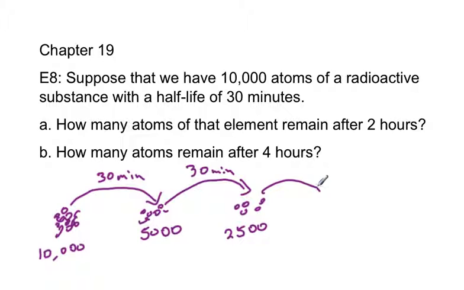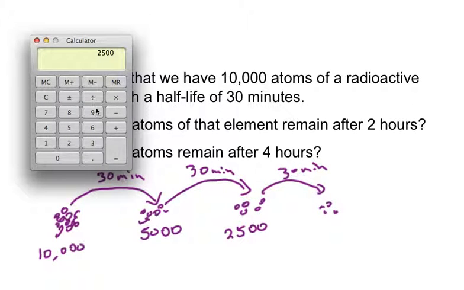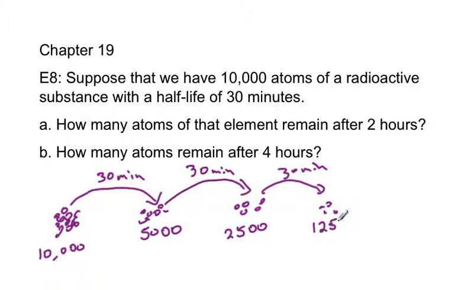We're going to go another 30 minutes, and we're going to have half of that. So we take our number and divide by 2, and we have 1,250. Now we're going to go 30 more minutes, because that's a complete 2 hours, right? And we're going to divide by 2.